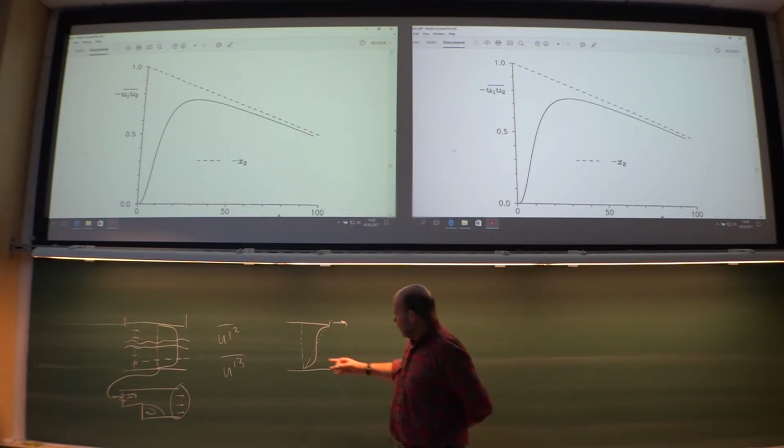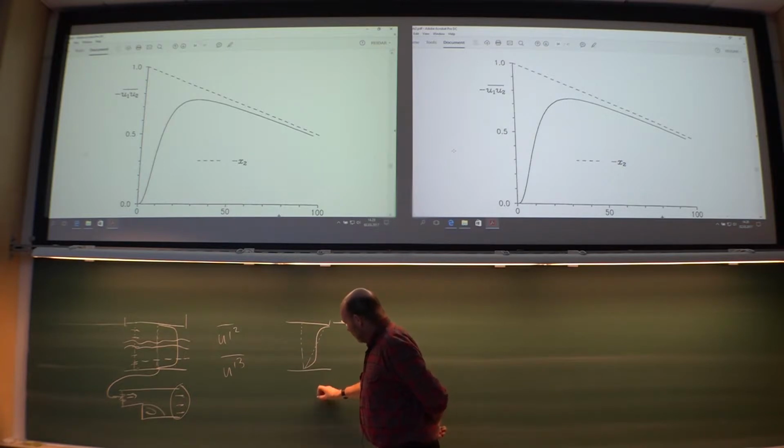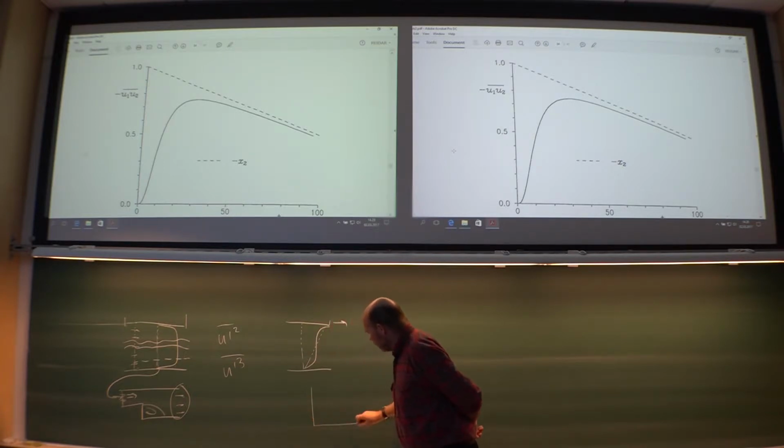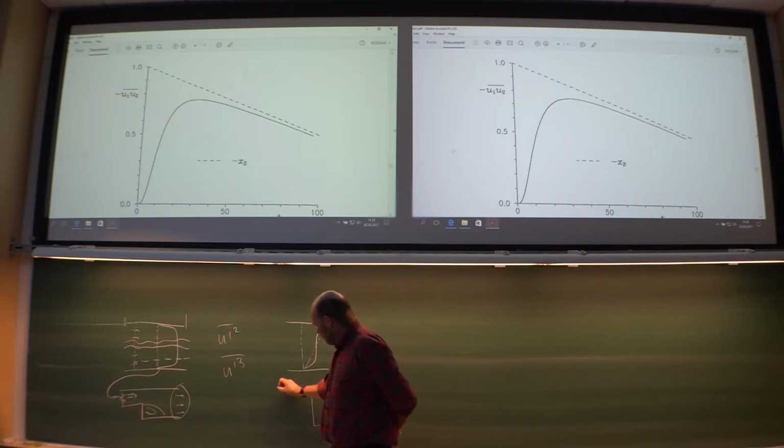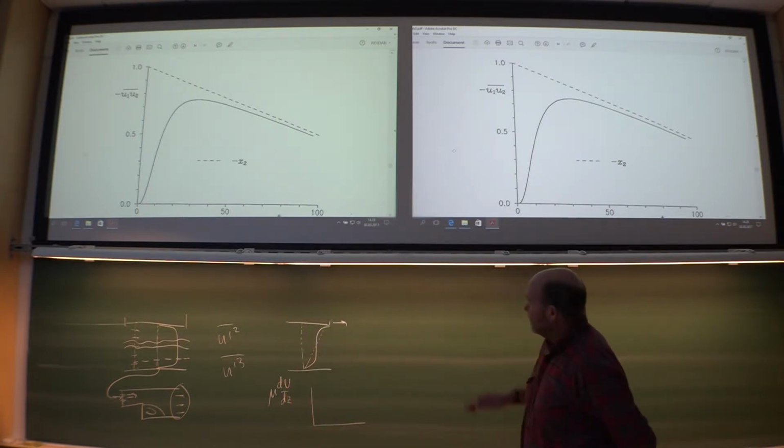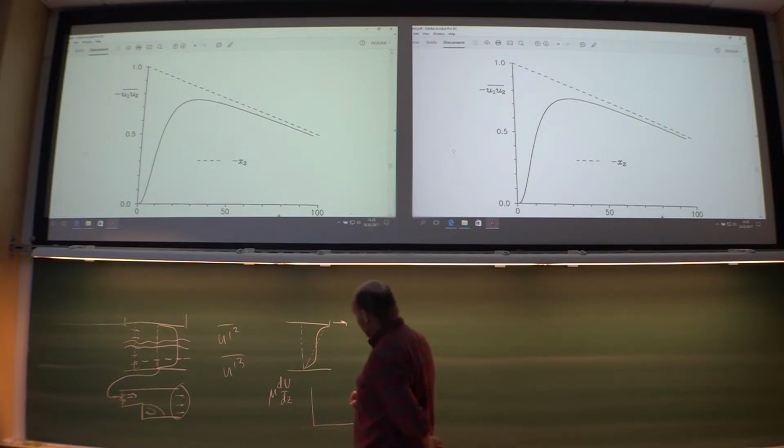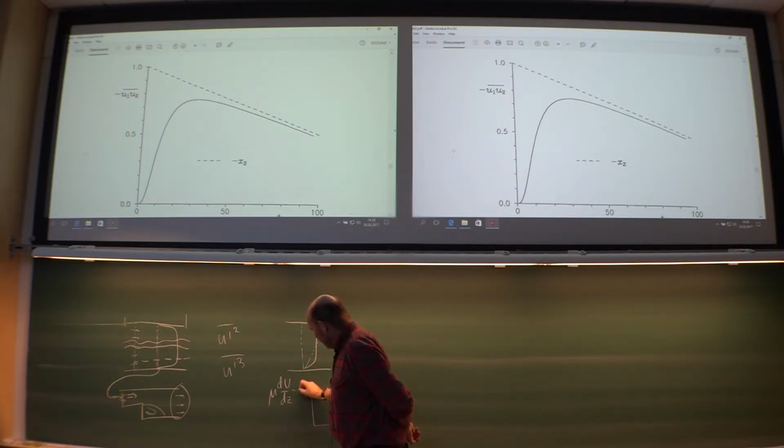And here, if you plot the total shear, that is the viscous, the dU/dz, I think, the viscous shear, and then you also add the turbulent, uv.